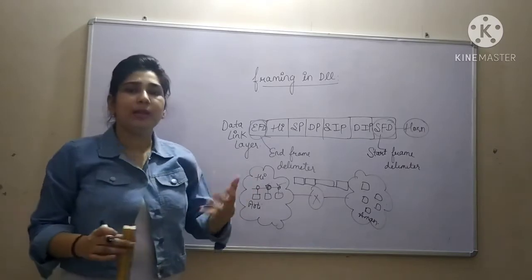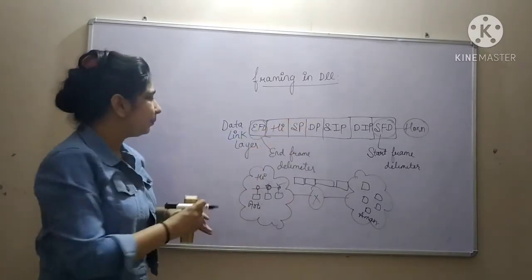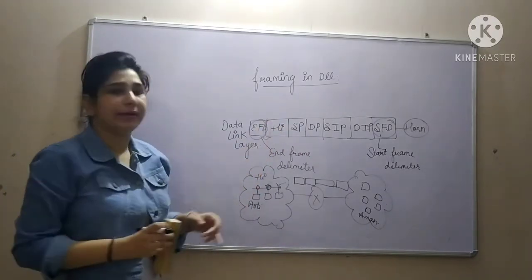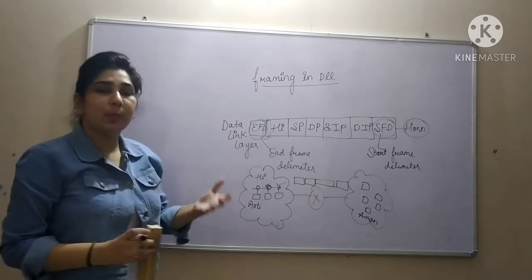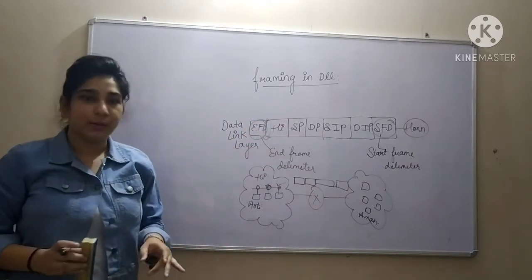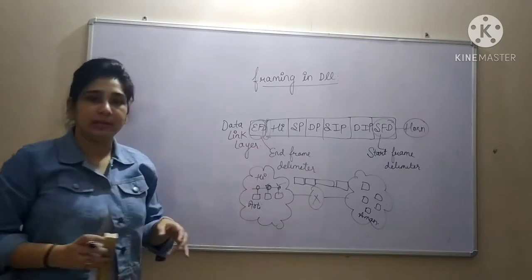So how will you identify that this message has been completed at this point? If some other bits are coming after this, you will not be able to recognize that this message has been completed here. That is the reason we are using end frame delimiter.